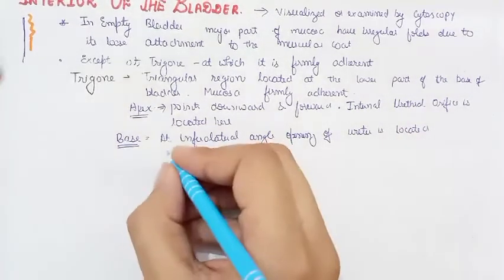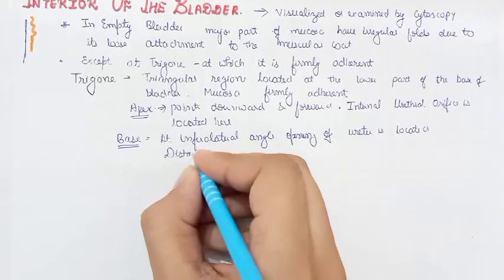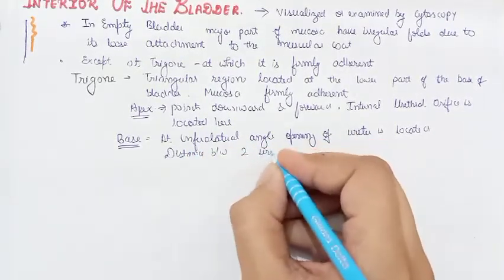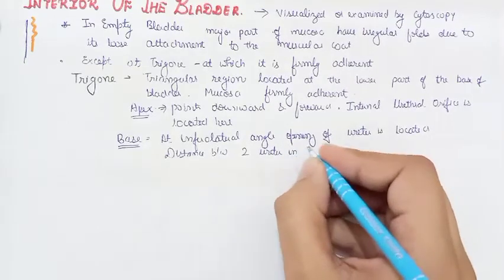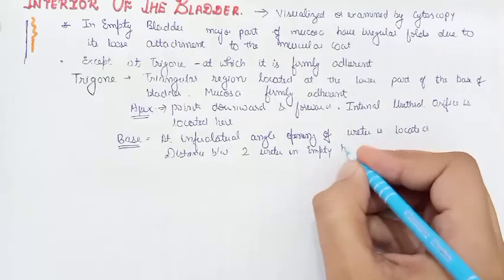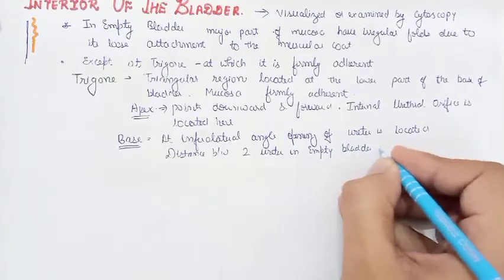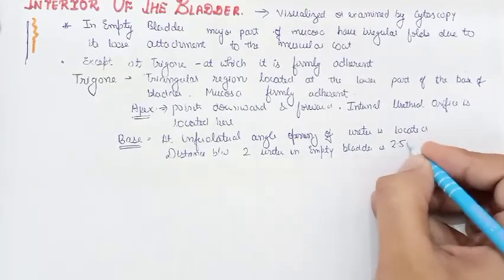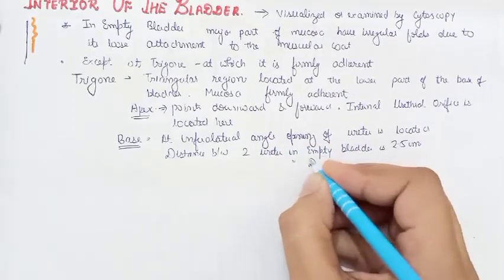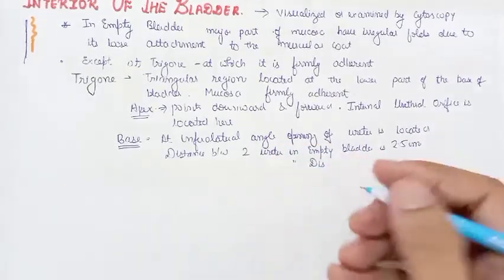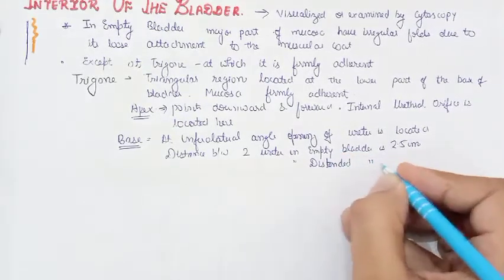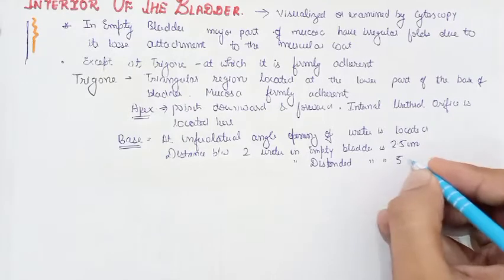The distance between the two ureters in an empty bladder is 2.5 cm, and in a distended bladder, or the bladder filled with urine, the distance doubles to around 5 cm.